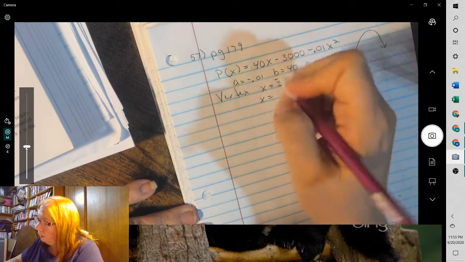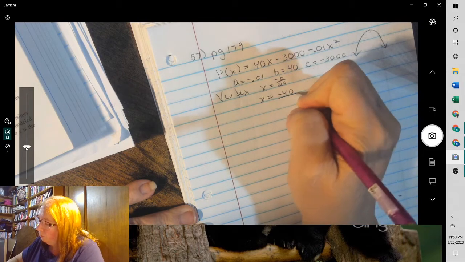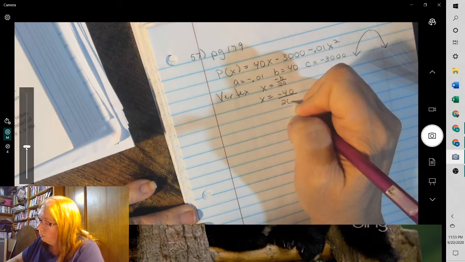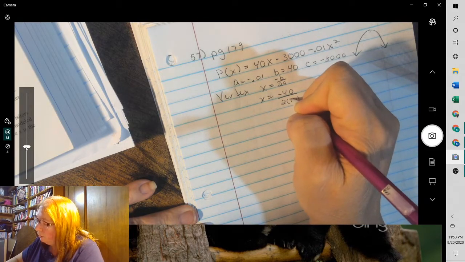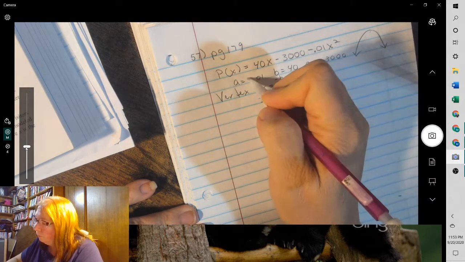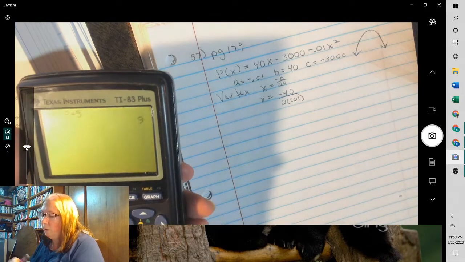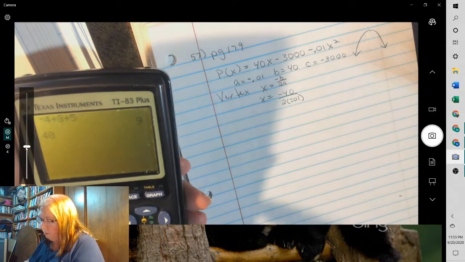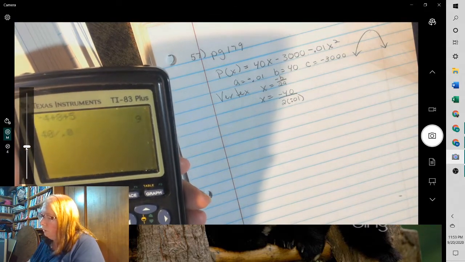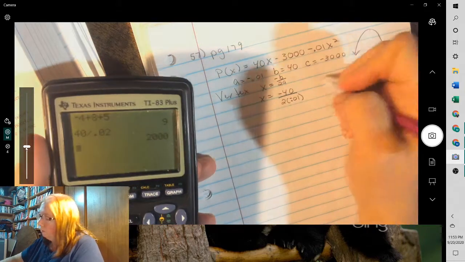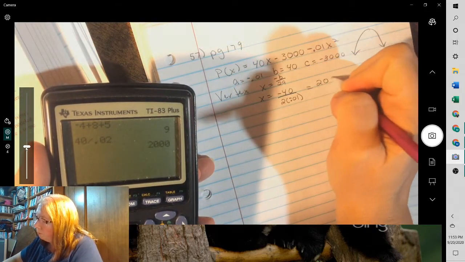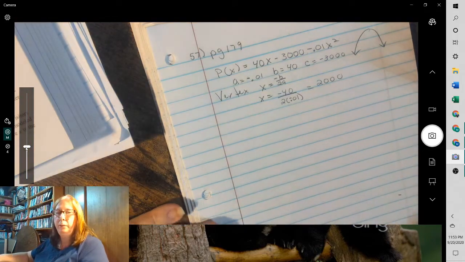I'm going to work downward. Negative b, negative 40 over 2 times 0.01, and it's a negative 0.01. So negative and negative is a positive. 40 divided by 0.02 equals 2,000.